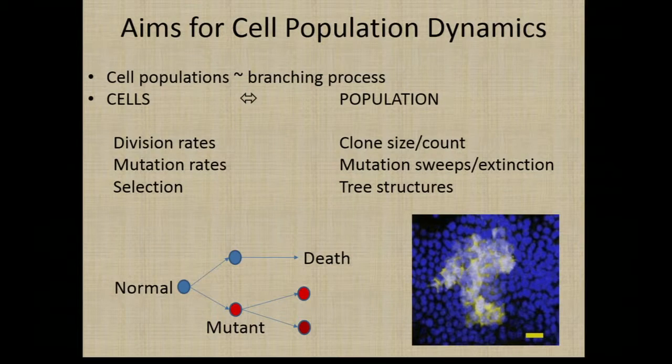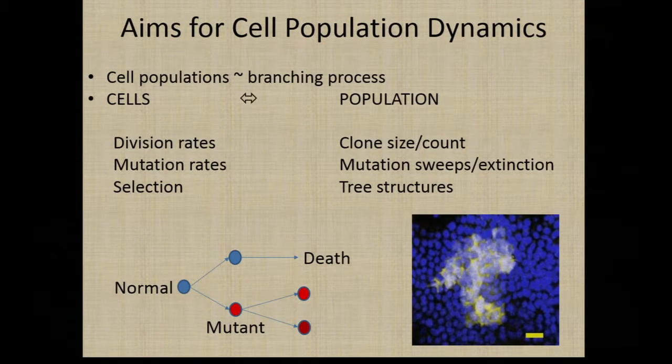So the idea of this, and I'm not going to get this far, is that we have cells. We've got nice information about cells in terms of how long it takes a cell to divide, what the mutation rates are for an individual cell. I mean, that's actually quite hard to get, I think. And then selection we can think of as acting on the cell in terms of whether the speed of division speeds up, for example.